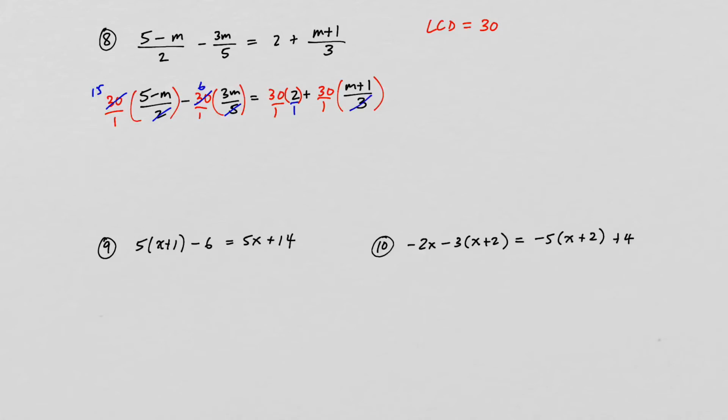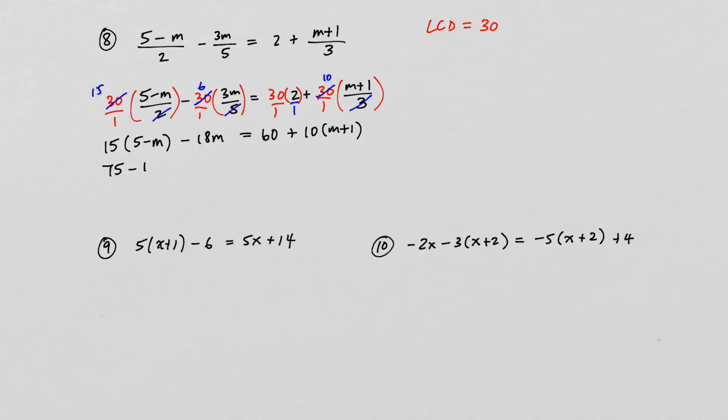And here, 3 goes into 30 10 times. Doing the math, we have 15 times 5 minus m, minus 6 times 3m is 18m, equals 30 times 2 is 60, plus 10 times m plus 1.